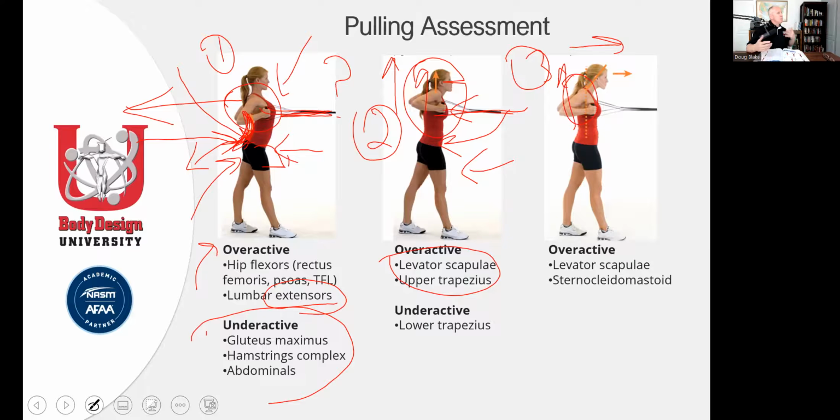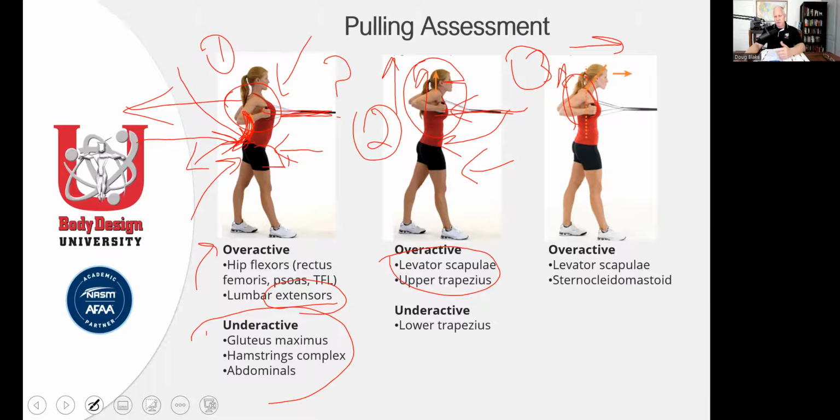But what is the other movement that can happen in the sagittal plane in the cervical vertebrae? Flexion and extension, right? So the chin can move downward and back up. So you see the two movement patterns that can occur.